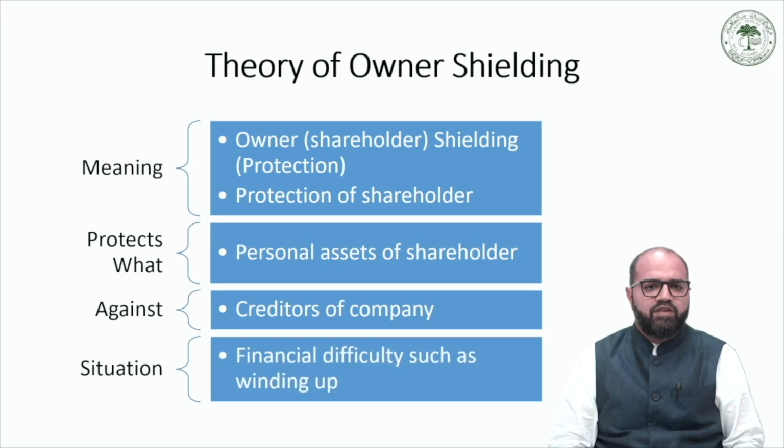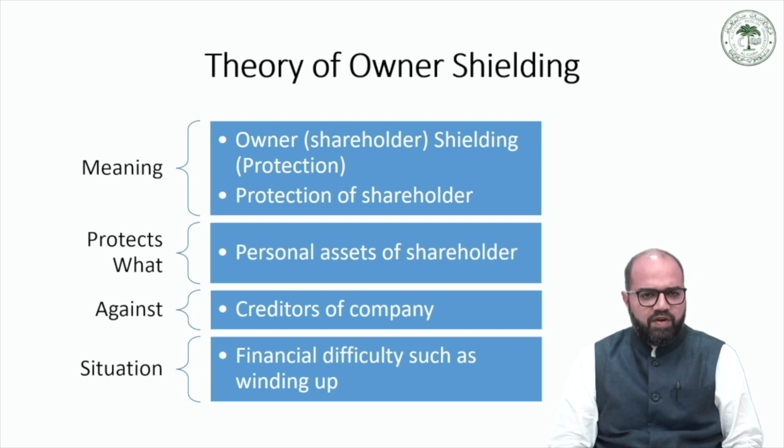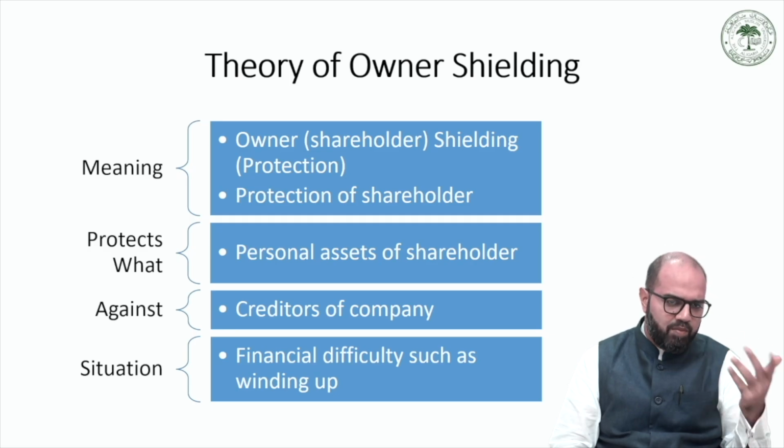So it refers to the legal protection that is granted to the owners or shareholders of a company by limiting their financial responsibility to the amount that they have invested in the company. Now, a situation where the theory of owner shielding may be triggered is when a company or a business organization faces financial distress or difficulty such as winding up, when the assets of the company are less and its liabilities are more.